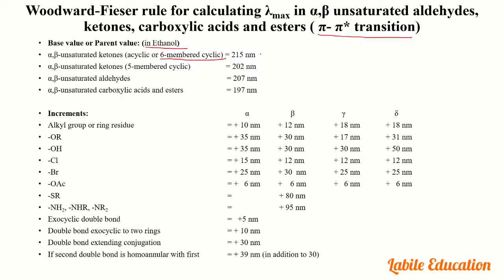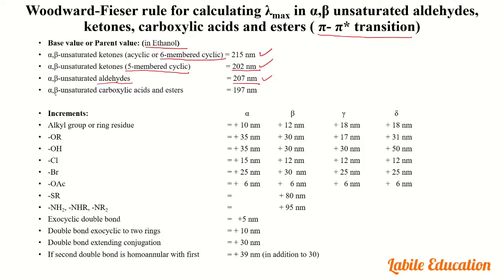So the value will be 250 nanometer, and that is the base value or parent value for the alpha beta unsaturated cyclic ketone. But if this is a five membered ketone, meaning a cyclopentanone derivative, that is 202 nanometer. And the base value for alpha beta unsaturated aldehydes is 207 nanometer.